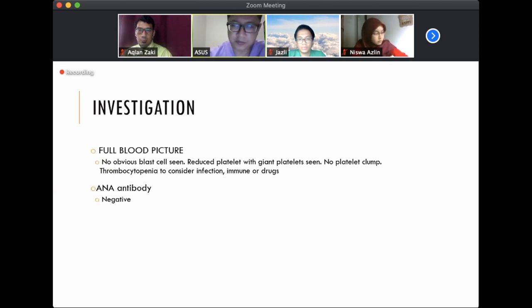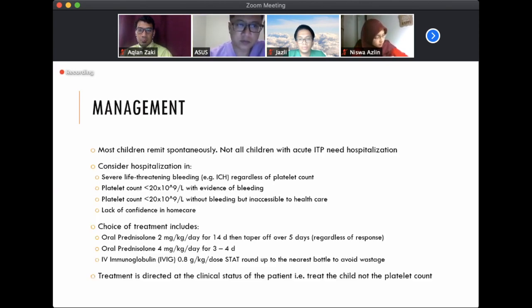So for a patient with ITP, most children remit spontaneously, and some of them actually need hospitalization. So I took the management from the PITS protocol. We consider hospitalization in severe life-threatening bleeding, for example intracranial hemorrhage, regardless of platelet count.